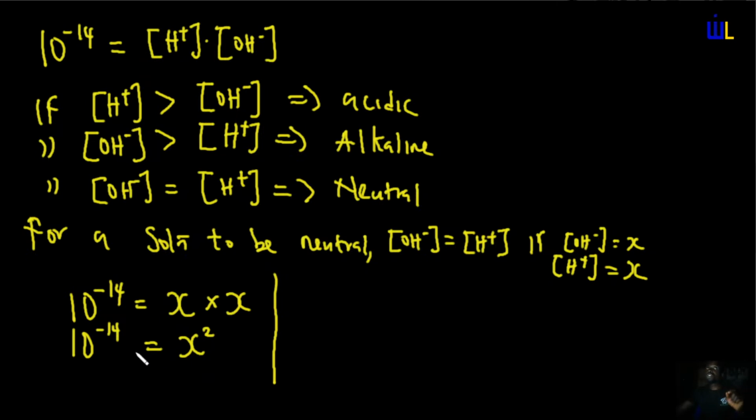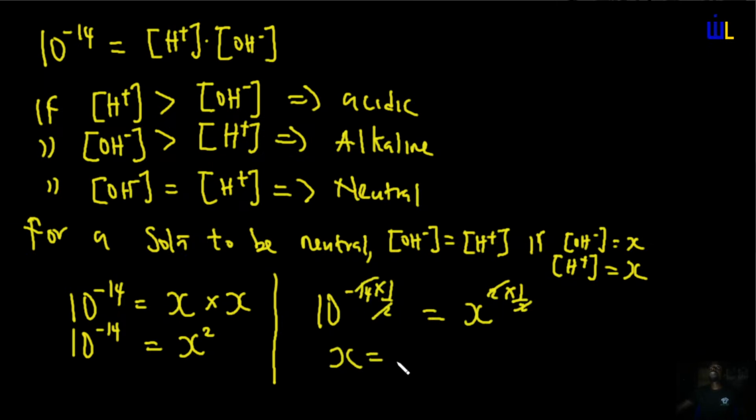However, the emphasis is not on how to solve it, the emphasis is on the final answer for this particular study. So if you're going to remove this, you square root both sides, that is, raise both sides to power half. You get 10 raised to power minus 14 times 1/2 equals X raised to power 2 times 1/2. Cancelling out, you will notice that X equals 10 raised to power minus 7.